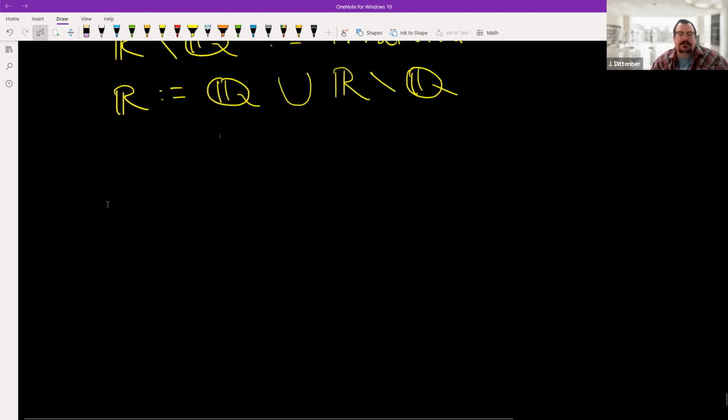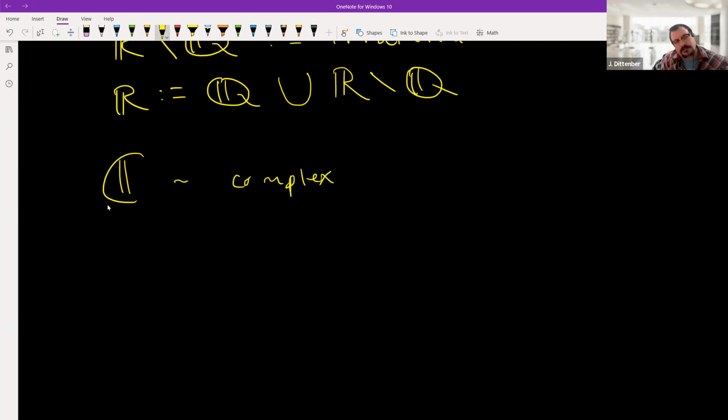So, okay. We have one more number set, which is like the big kahuna of the number sets, the complex numbers. So the complex numbers have as a subset the real numbers. Complex numbers are numbers, and I won't go into it now, a plus bi, where the a is a real number.